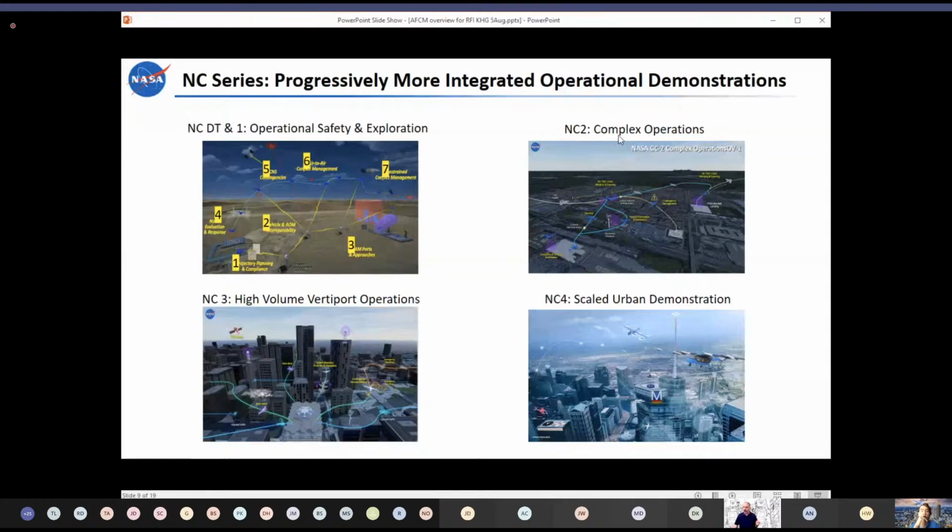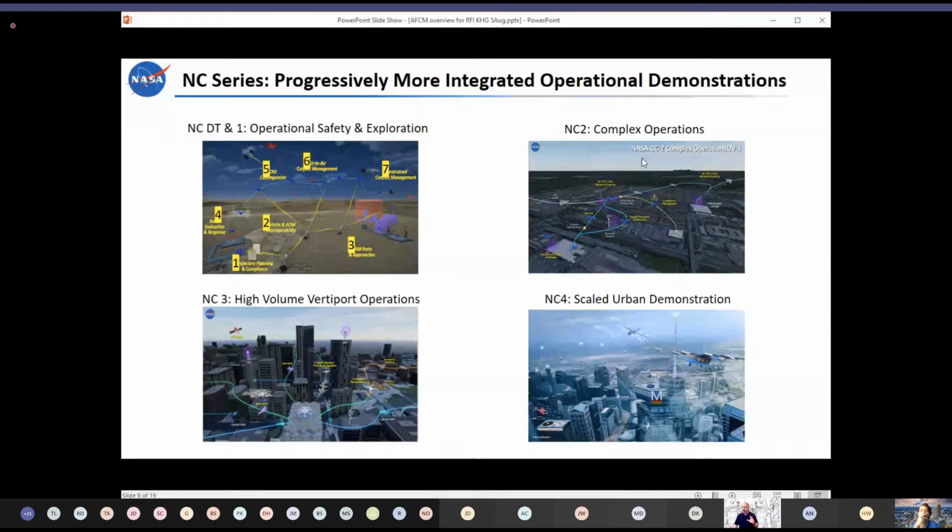The other NC events start to build towards a unified concept of operation and architecture across the system, building first on NC2, what we call complex operations, which is sort of looking at the elemental elements of how the vehicle would operate and how the airspace system would manage those operations. I'll talk a little bit more about that on a later slide.